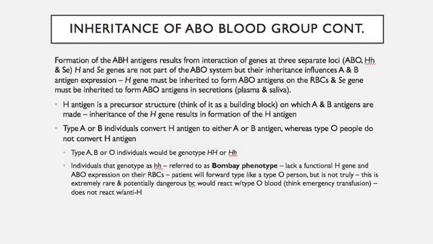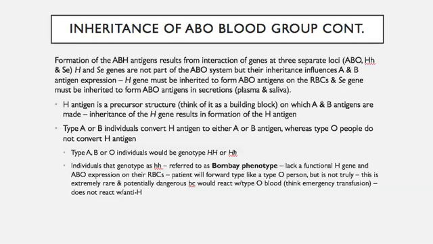The H antigen is a precursor structure. I always think of it as a building block. Maybe we're building a building, and the H is the foundation. It's the precursor structure on which A and B antigens are made. Inheritance of the H gene results in the formation of the H antigen.